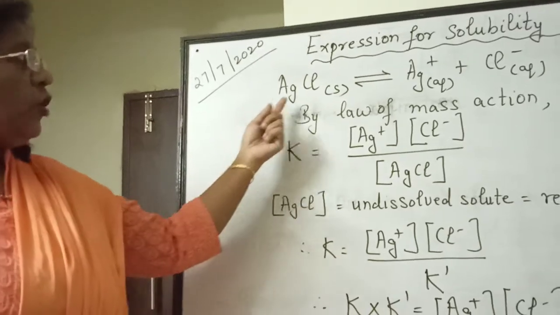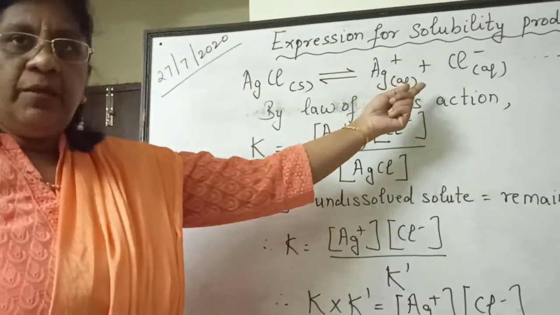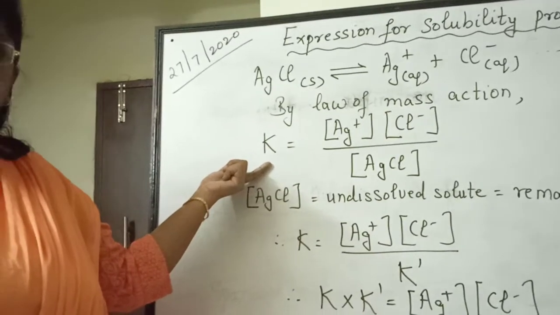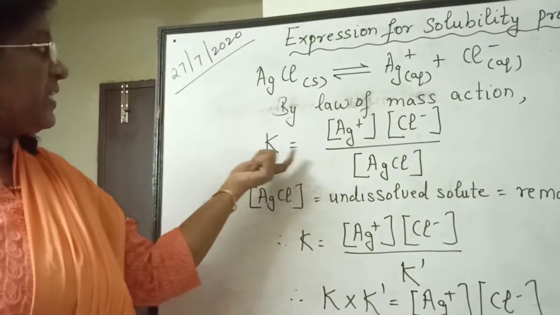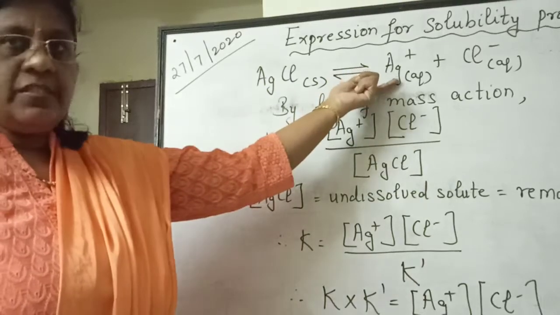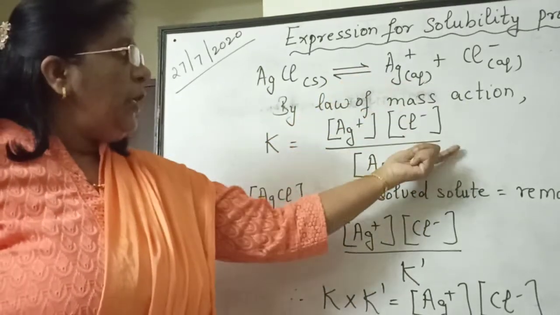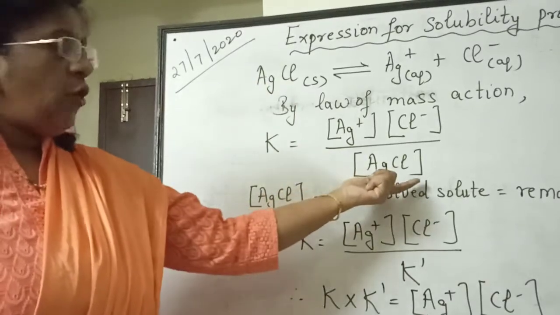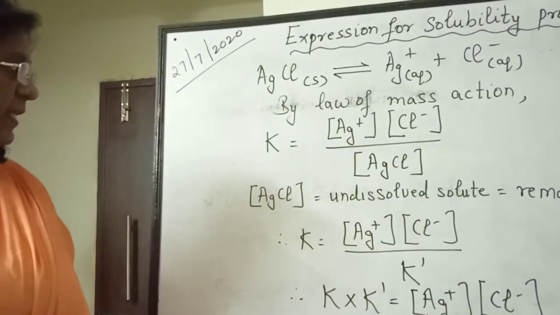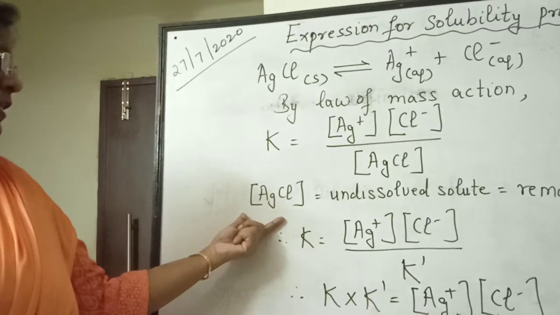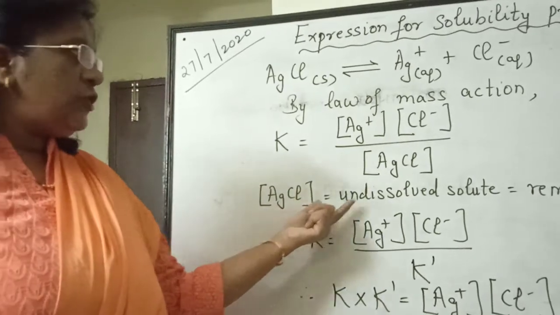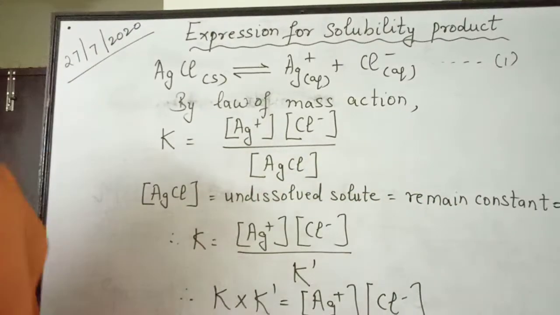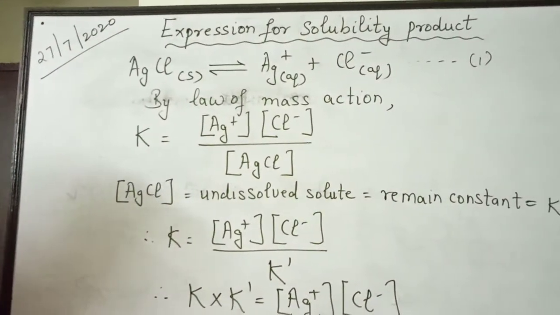If we apply the law of mass action to this equilibrium reaction, we get an equilibrium constant K, which is written as K is equal to concentration of Ag plus into concentration of Cl minus divided by concentration of AgCl. But the concentration of AgCl, that is undissolved salt, is considered to remain constant and that is taken as K dash.